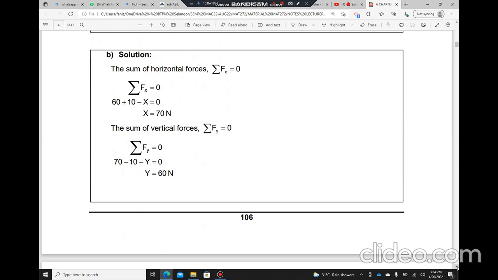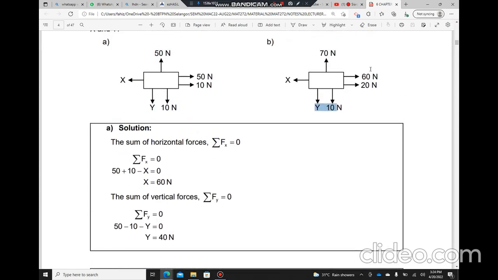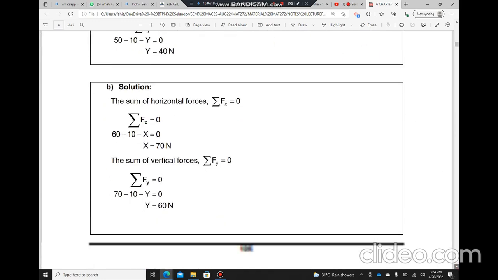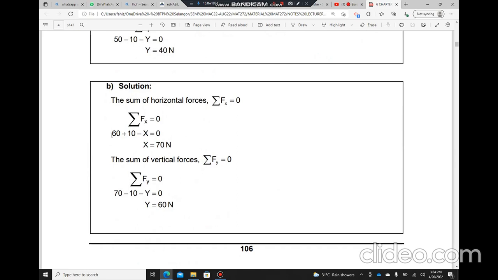Okay, so this one for B. Okay, sorry, this one ada silap sikit dekat rajah dia 60 dengan 20. Tapi dekat solution dia kat sini 60 dengan 10. So you all boleh tukar kat sini lah. 10 ni jadikan dia 20. So x is equals to 80 Newton.